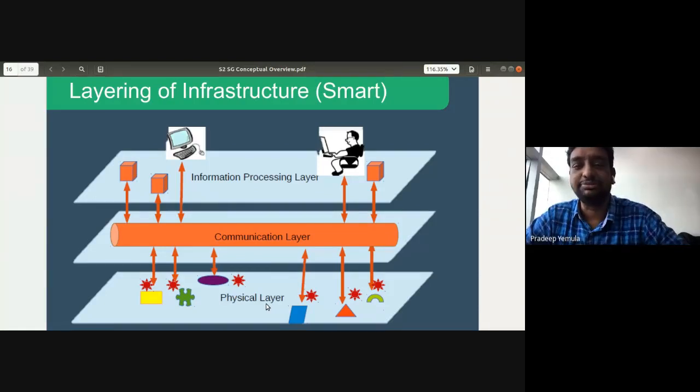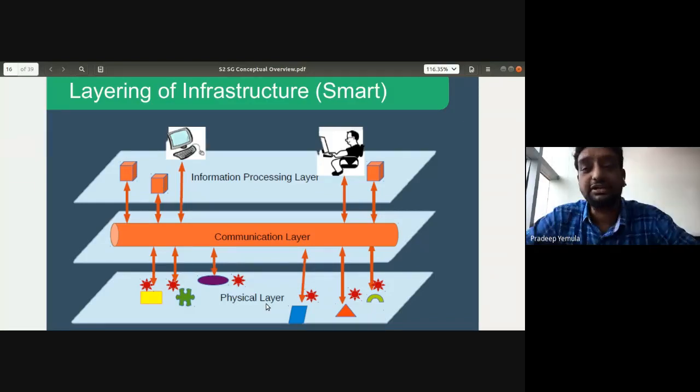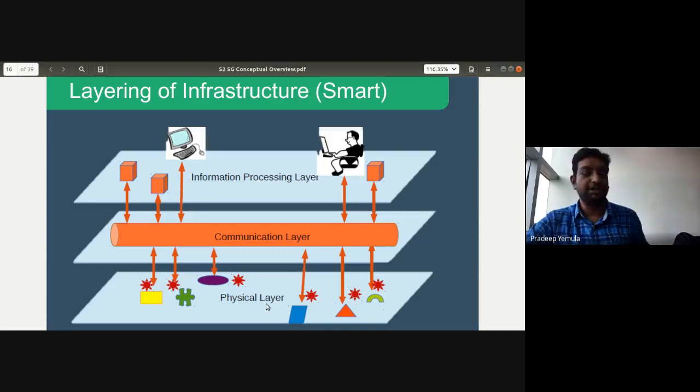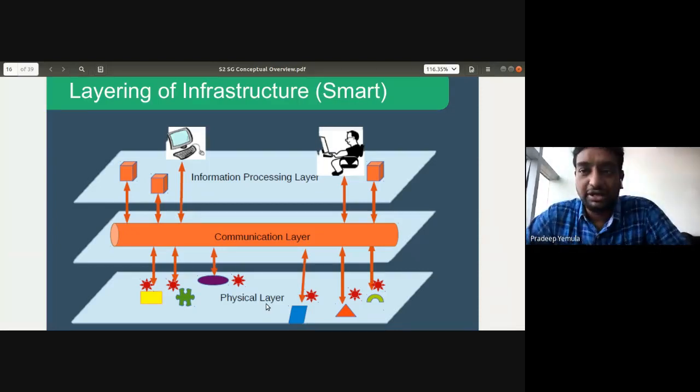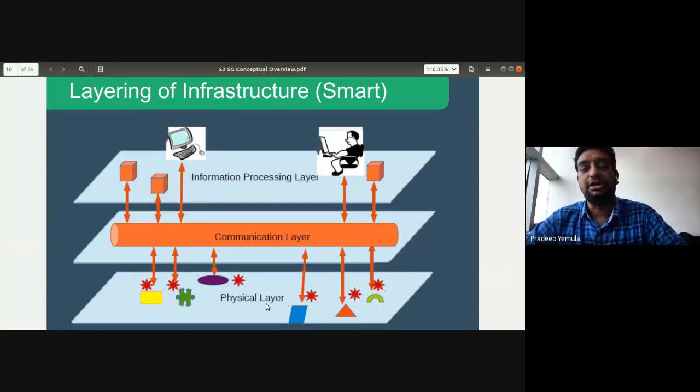Like that, we can do some kind of control action. So here, the human intervention is very minimal. Because of reducing human intervention, the system becomes fast and more efficient. Now here, what are the skills required? Not only the electrical engineering subject, you also require the communication subject, you also require the information processing subject.